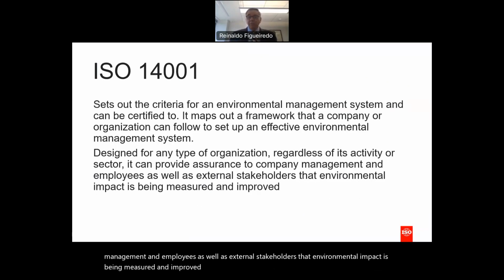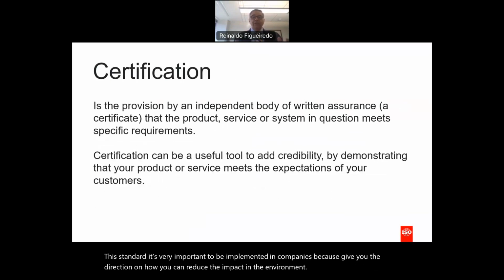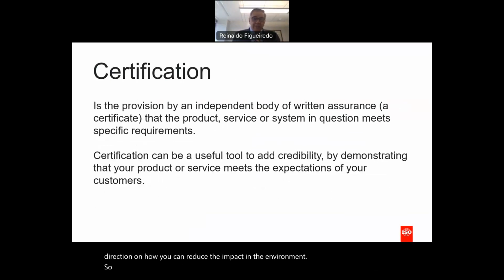With climate change, this standard is very important to implement in companies, because it gives you the direction on how you can reduce the impact on the environment. So certification is a process that only third-party organizations can provide.